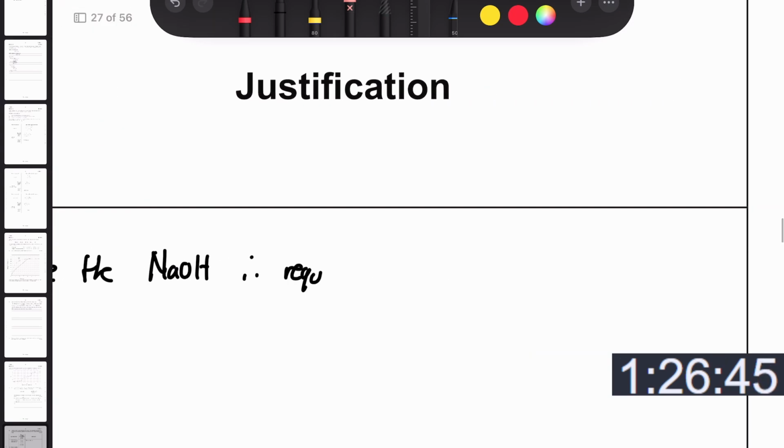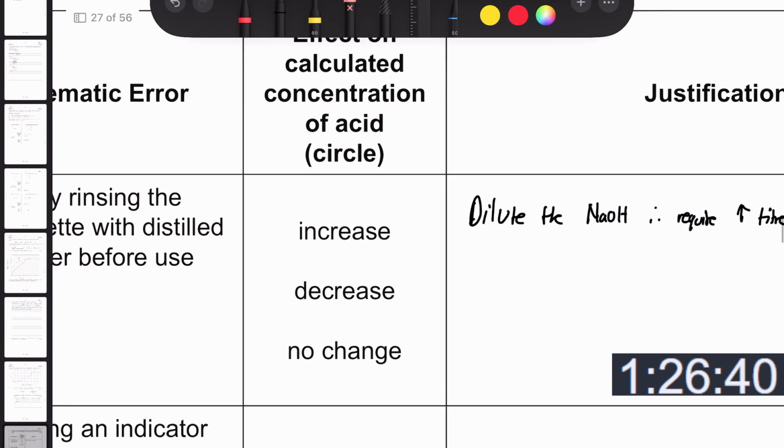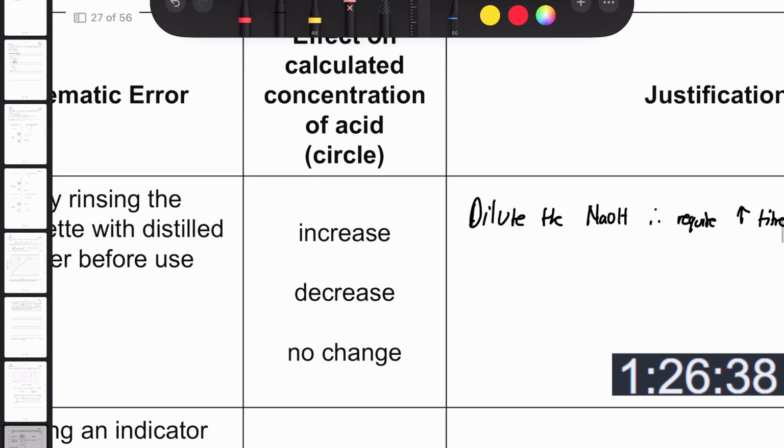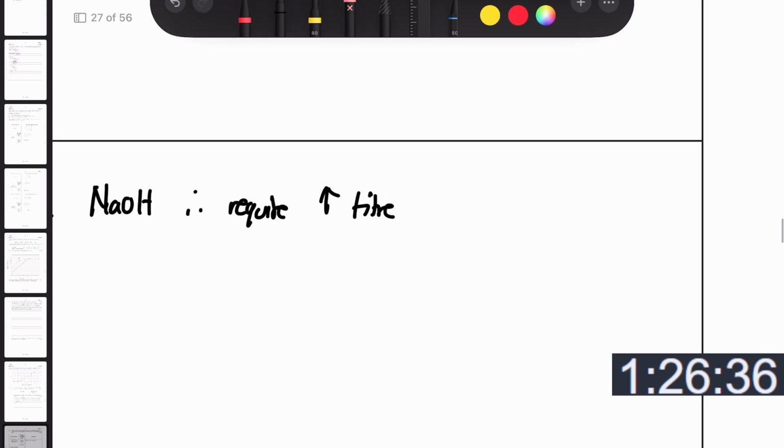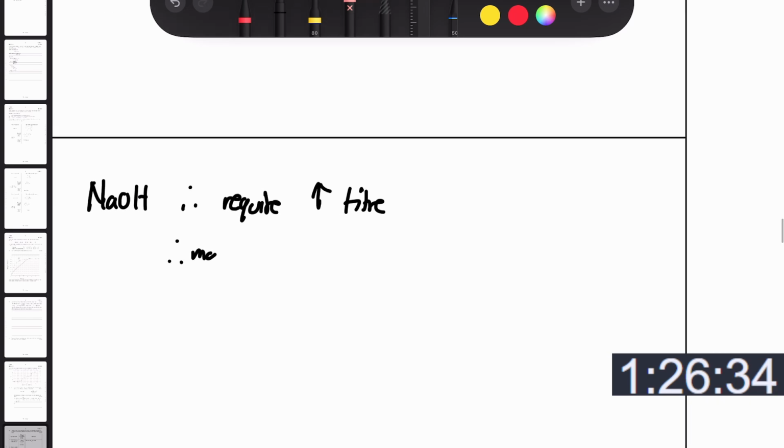Therefore require increased titer. So it would increase the concentration, the moles of acid would increase, therefore concentration would increase.